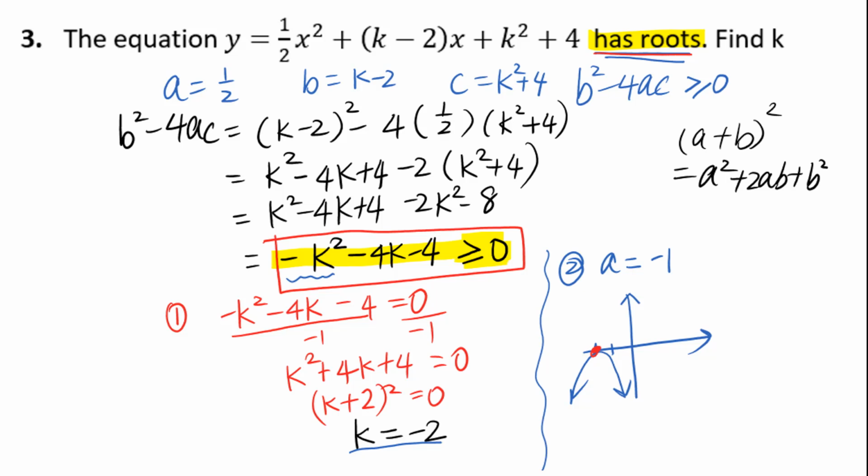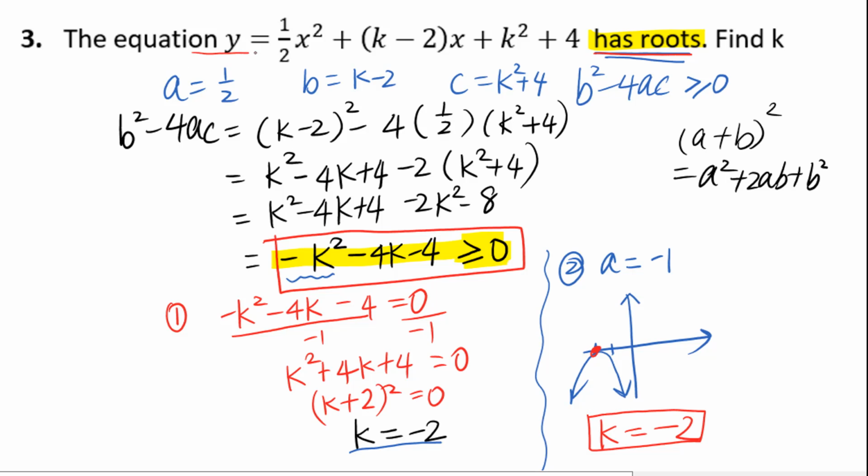From the graph we sketched, only k equals negative 2 is on the x-axis. For other values of k, the graph is always below the x-axis. In other words, k equals negative 2 is the only solution so that this equation has roots.